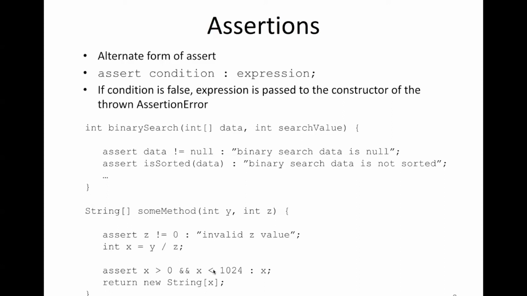We don't know which one, and for debugging it would probably be useful to know what that x value actually is. So that's a case where I would go ahead and use the alternate form and put the x there. I don't need a nicely formatted string that says the value of x should have been in this range but it's not; this is what its value is.